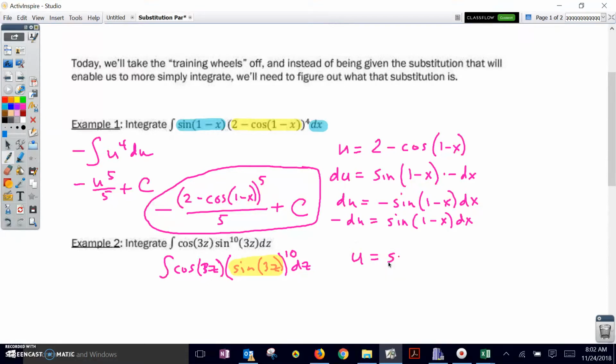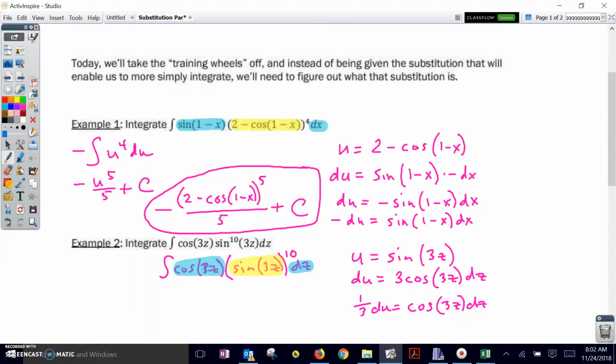So u is equal to the sine of 3z, which makes du equal to 3 cosine of 3z dz. Now in my original, I just want to replace cosine of 3z dz, and that's equal to 1/3 of du.